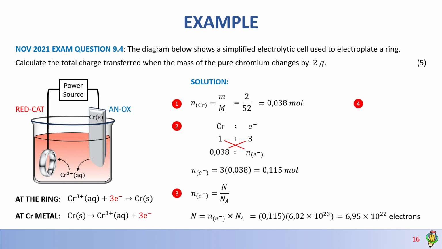Then step 4, we use the equation that will give us how much charge we get from how many electrons we have, which says number of electrons equal to the charge over e, which is the charge of an electron.